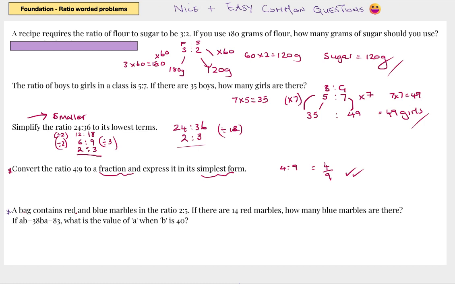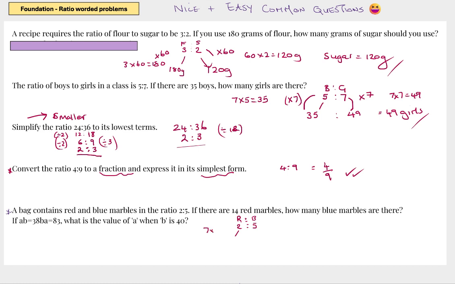A bag contains red and blue marbles in the ratio 2:5. So we've got red is 2, blue is 5. If there are 14 red marbles, how many blue marbles are there? So if there are 14 red, what did I times that by?